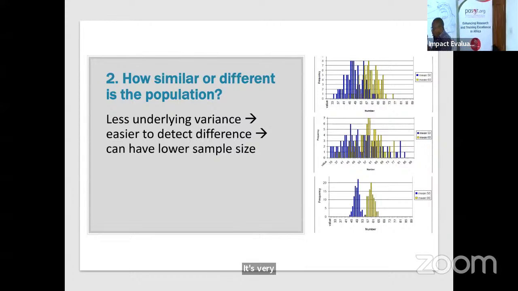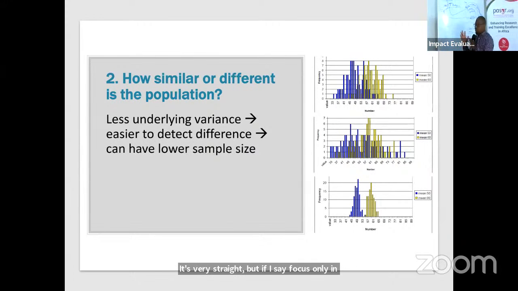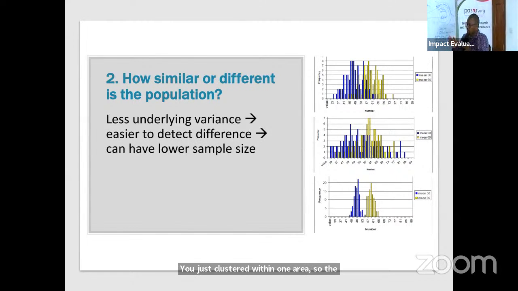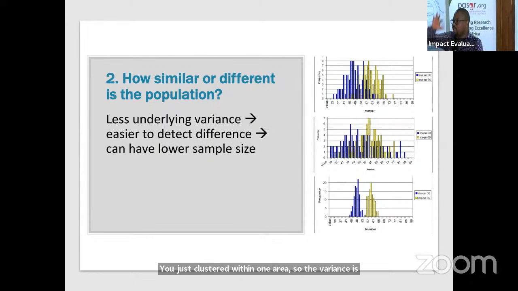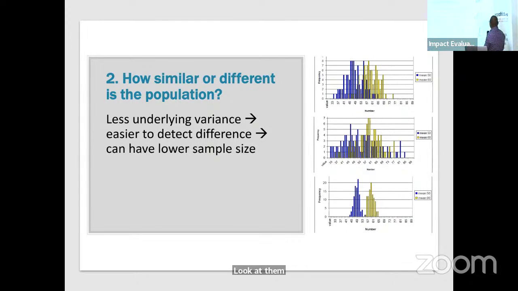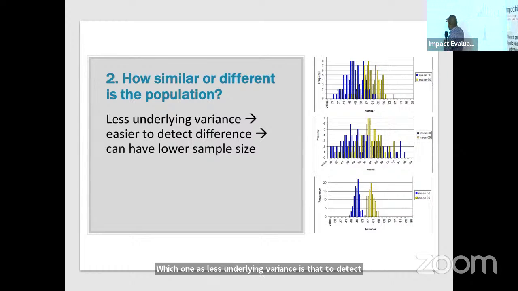But if I say focus only in Kitengela, it is clustered within one area. So the variance is small because they're within the same area. Are we together? But if they're from different areas, that sample is widespread. And I want you to think about these two graphs. Look at them. Which one has less underlying variance, easier to detect difference, and can have lower sample size?